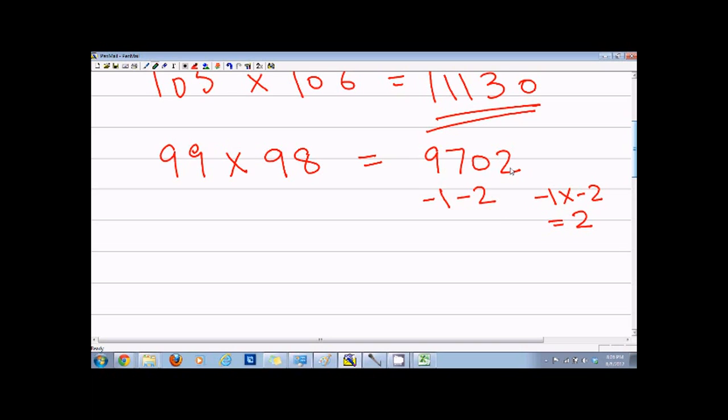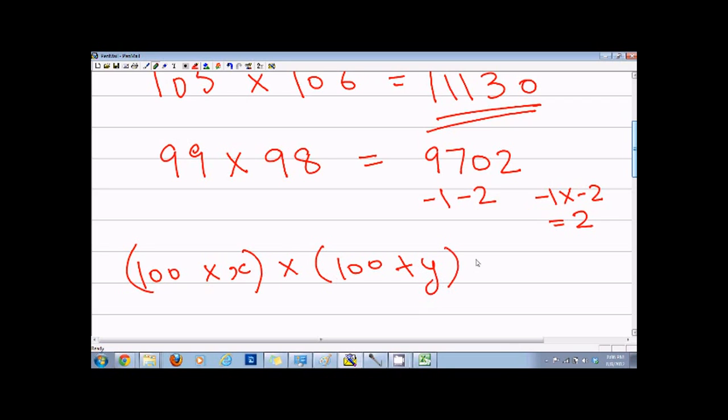So this is not magic, there is a proof to it. So let's go to the proof. For example, if I have 100 plus x and I want to multiply by 100 plus y, here we have 10,000 plus 100 (x plus y) plus xy.